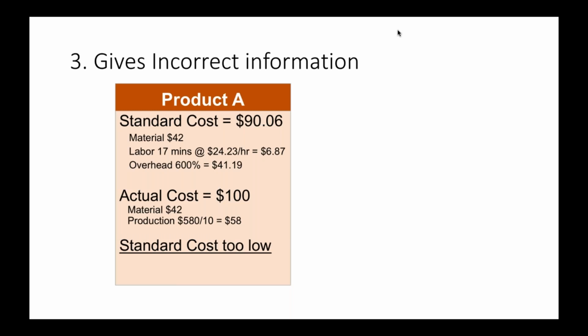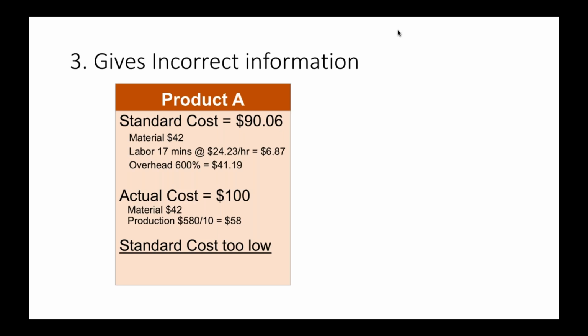The actual cost, however, inside the value stream is $100 based on the material cost of $42 a unit and an hourly production cost of $580, and you can make 10 units an hour, so it's $58. So in this case, the actual cost is greater than the standard.